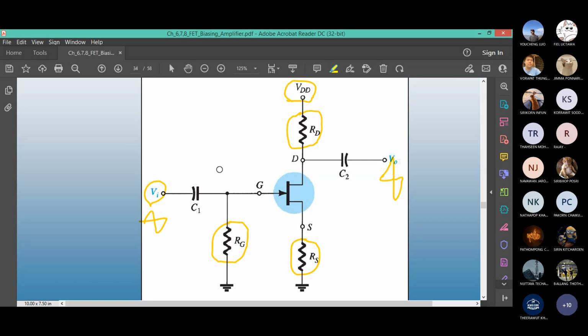You short it? No. Short for AC. DC analysis open circuit. Means capacitor, you don't get the AC signal in, you don't get the AC signal out. So you forget about capacitor and whatever is beyond the capacitor.